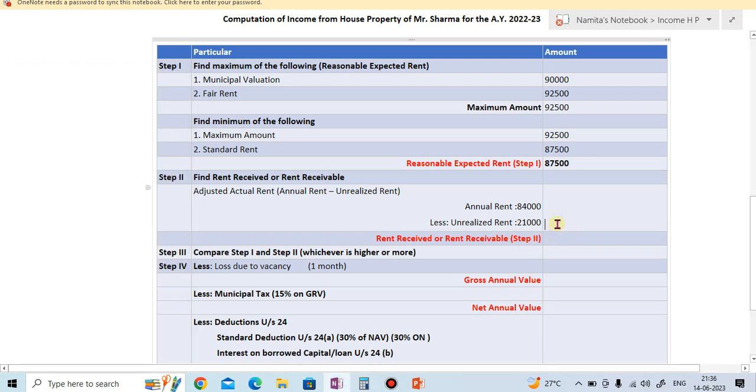So 63,000 is the adjusted annual rent. So rent received or receivable is 63,000.